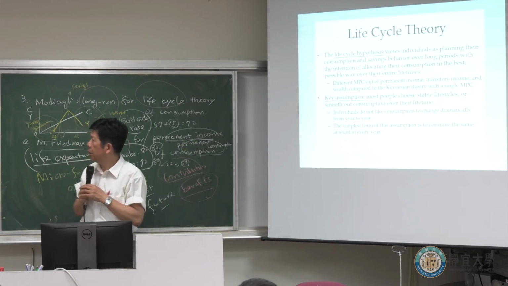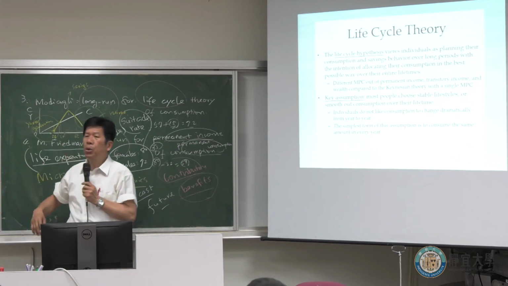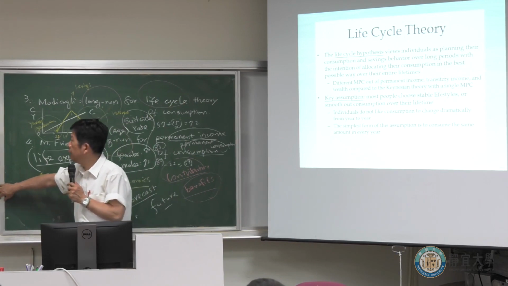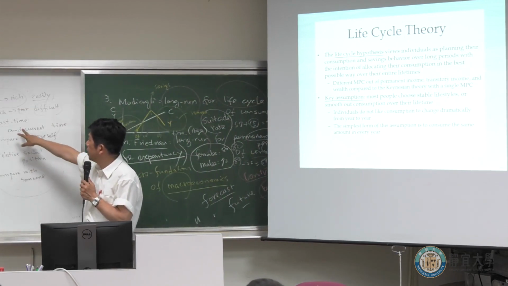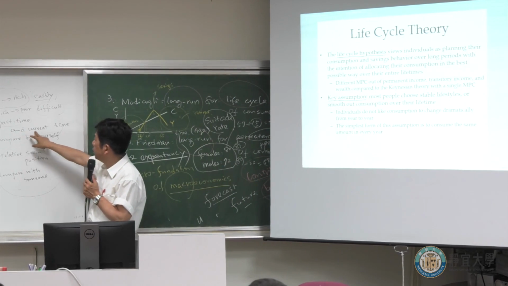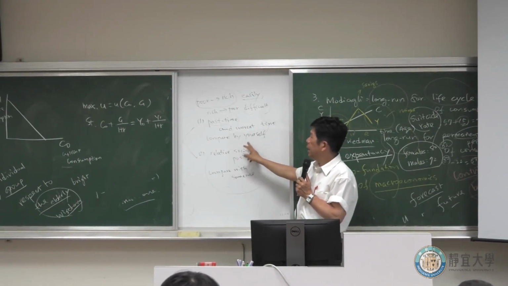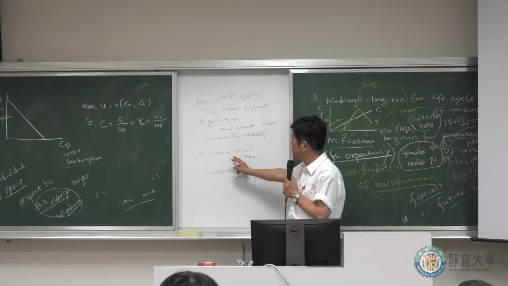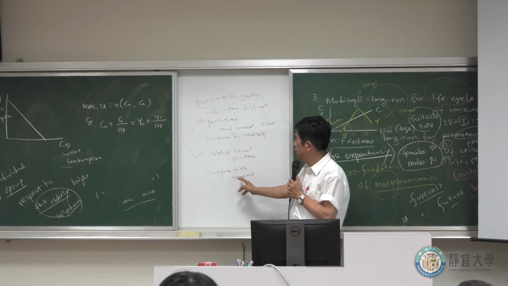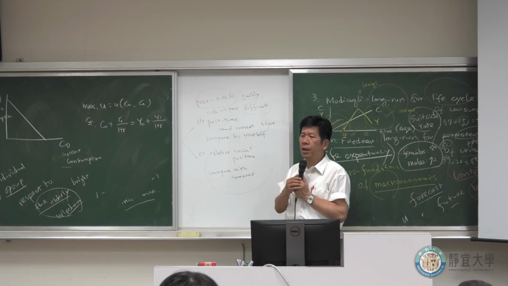In particular, we also mentioned the relative income. Relative income we compare with the past time and the current time, compared by themselves. And the second one, the relative social position, compared with someone else.